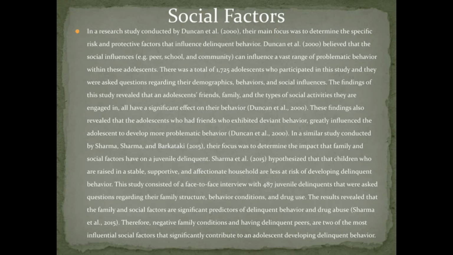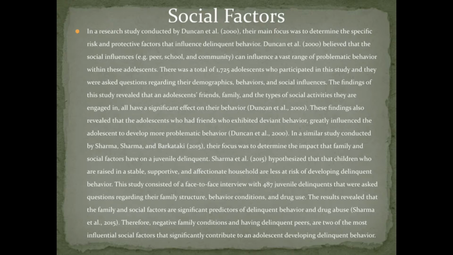more problematic behavior. In a similar study conducted by Sharma and Barkataki, their focus was to determine the impact that family and social factors have on a juvenile delinquent. Sharma et al. hypothesized that the children who are raised in a stable, supportive, and affectionate household are less at risk of developing delinquent behavior.